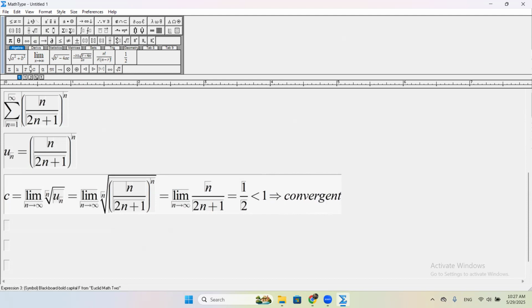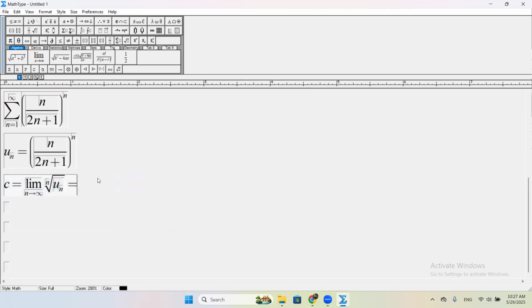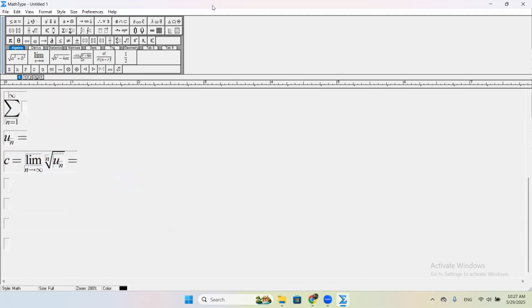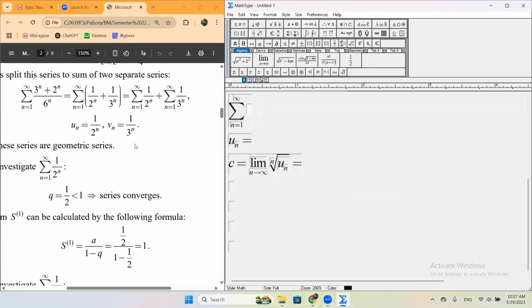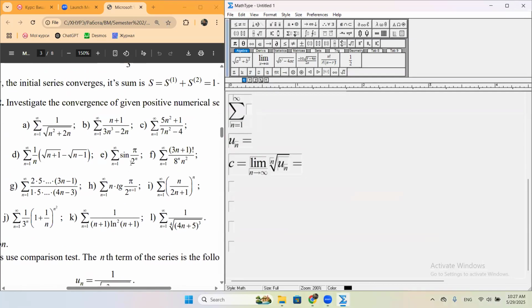Any questions about this exercise? Okay, if no questions, let's move next. So 3 and 2j.